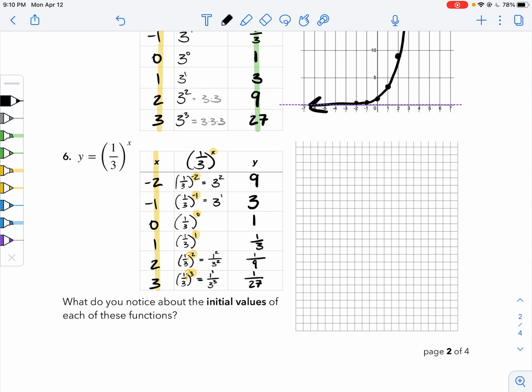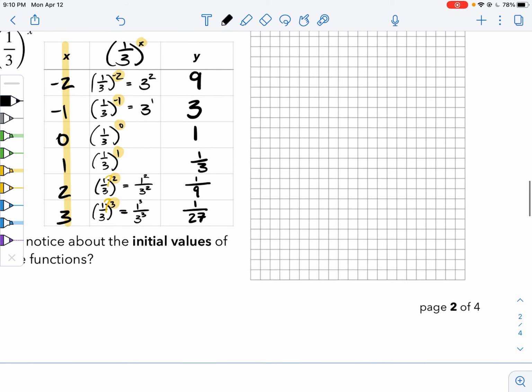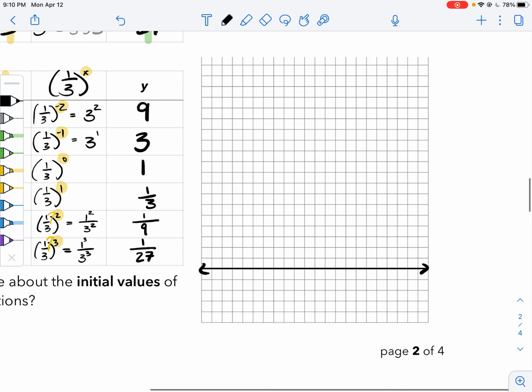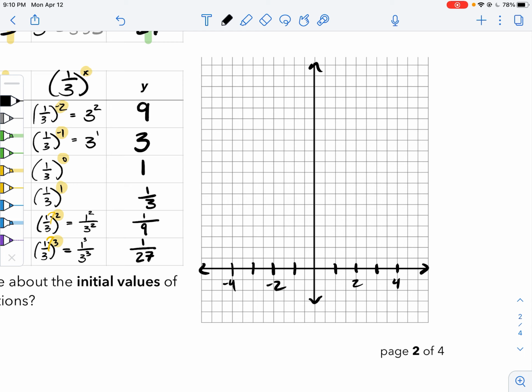Oh man, where did my axes go? I didn't put axes on these. We'll draw our own. So that means x needs to go from -2 to 3. I'll just put him in the middle. So 1, 2, 3, 4. 1, 2, 3, 4.